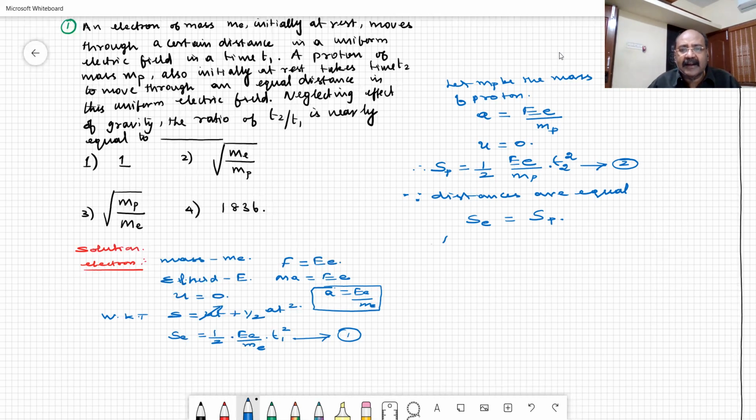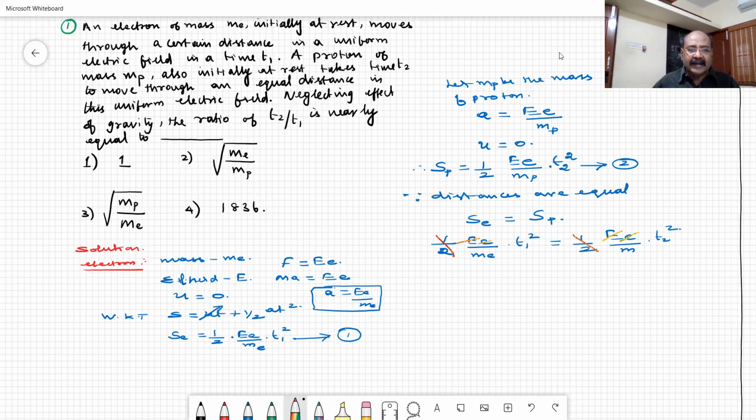Half into E into e divided by me into T1 square is equal to half into E into e divided by mp into T2 square. Simplify this: the half and half get cancelled, and the E into e and E into e also get cancelled.